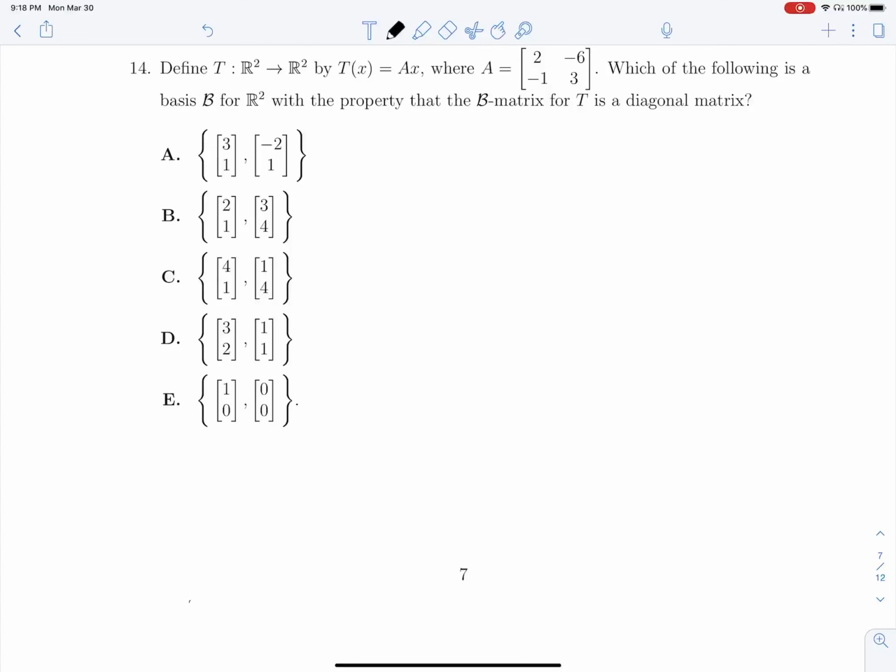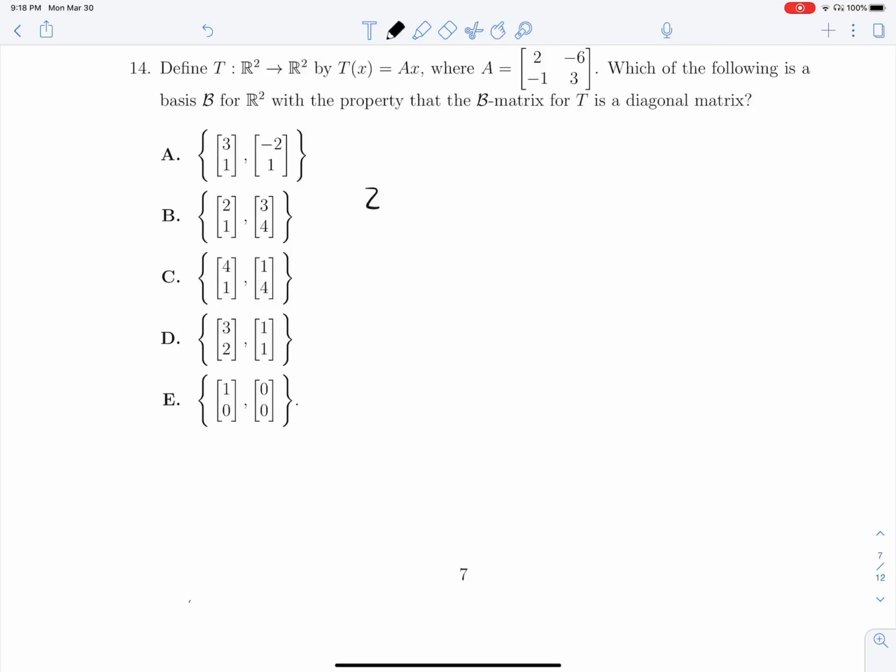They do not get kicked off their own span as a result of the transformation taking place. And that means that the beta matrix for T, which I'm still not too sure what a beta matrix is, will be a diagonal matrix. We're doing a very roundabout diagonalization here through a transformation.